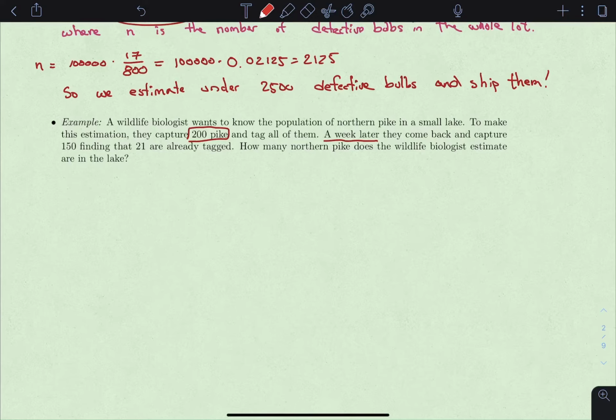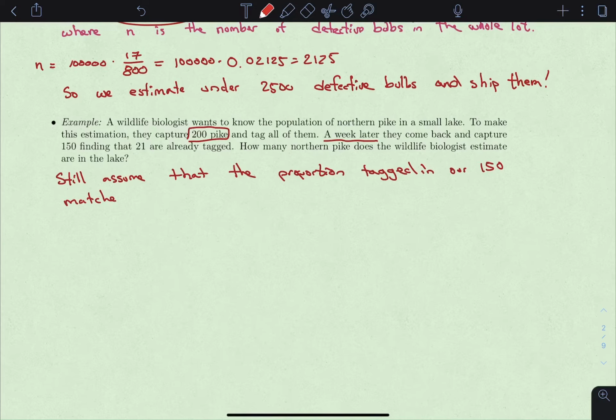So we will make this same assumption that we did in the light bulb example, that the proportion tagged in our 150 matches the proportion tagged in the population, tagged in the whole lake.